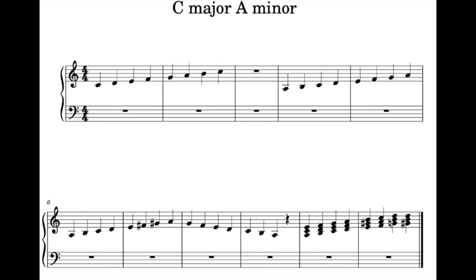This is A minor. The fact that you write a piece in the tonality of A minor implies that you use the harmony and the chords that you can have in A minor.